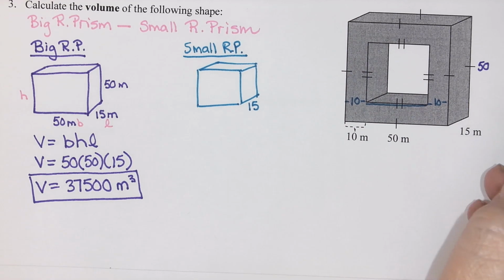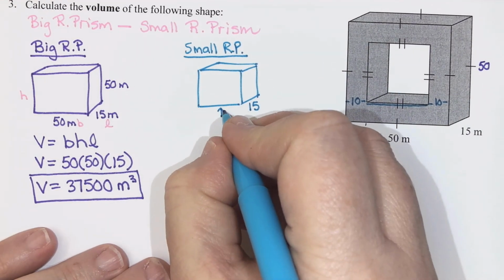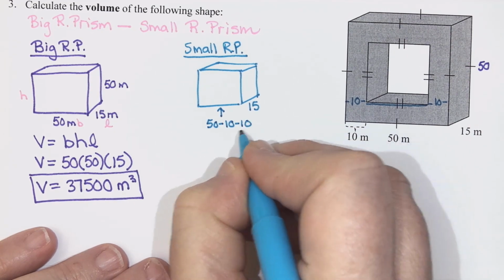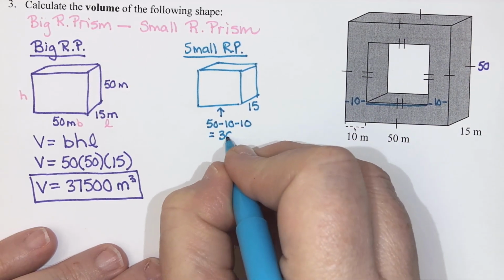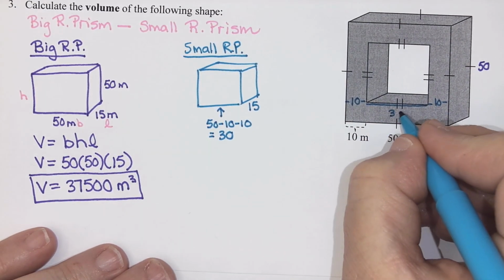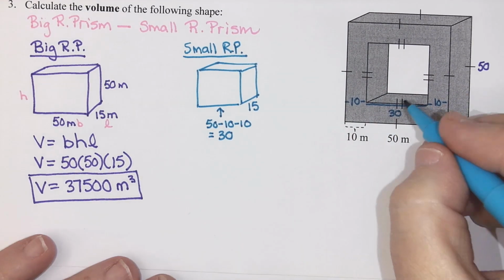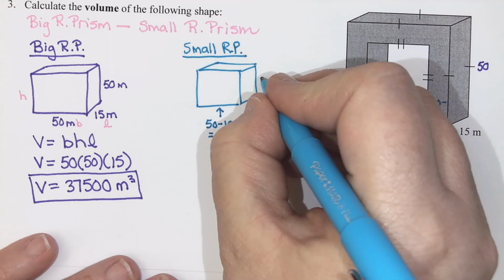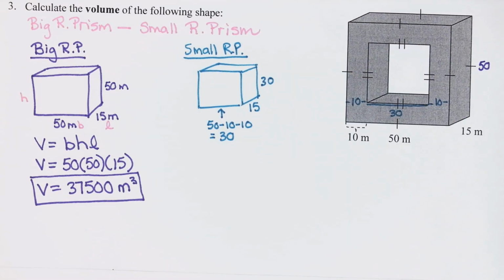So I would do 50 minus 10 minus 10, which is 30. So this side here should be 30. And then because this has 2 tick marks and this has 2 tick marks, it means that the height here is also the same size, so it's going to be 30.